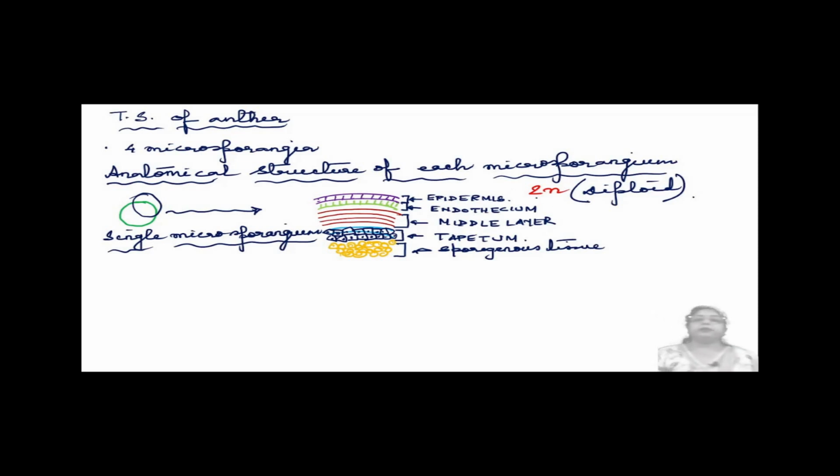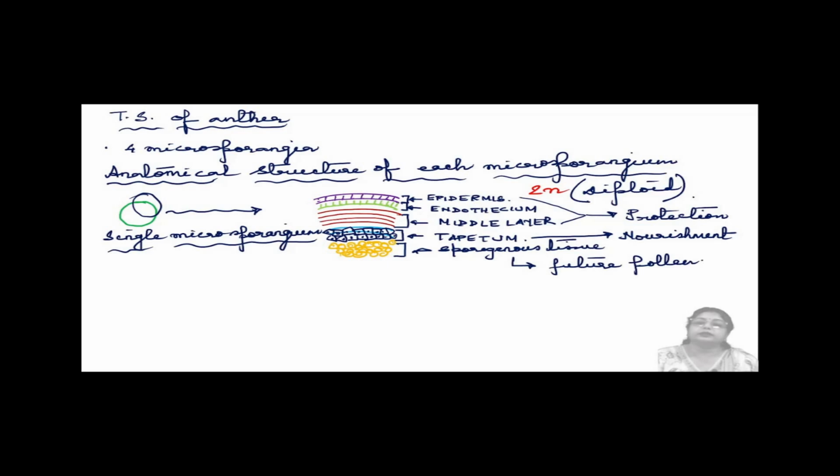So the epidermis, endothecium, and middle layer, they are performing the function of protection. And this tapetum is very important. It gives nourishment to the developing pollen grains. And the sporogenous tissue gives rise to future pollen. Okay, this is all about the layers.